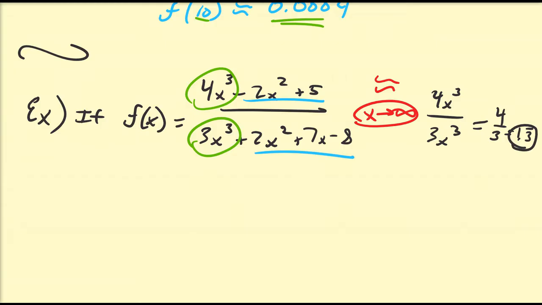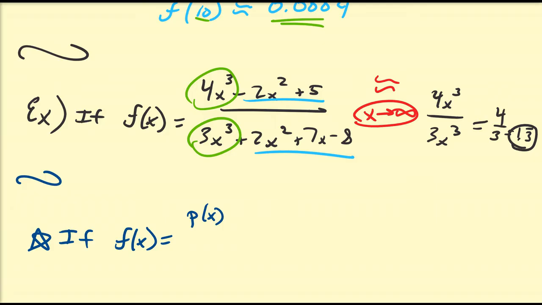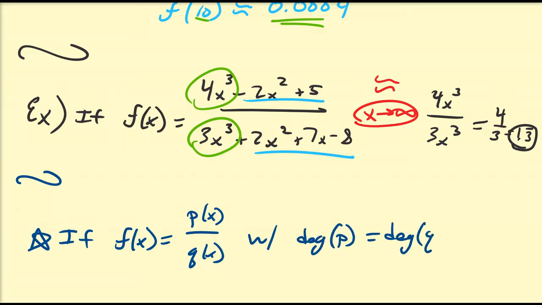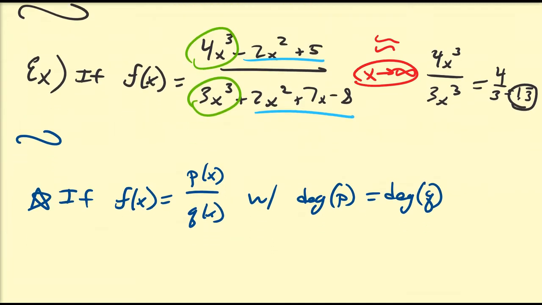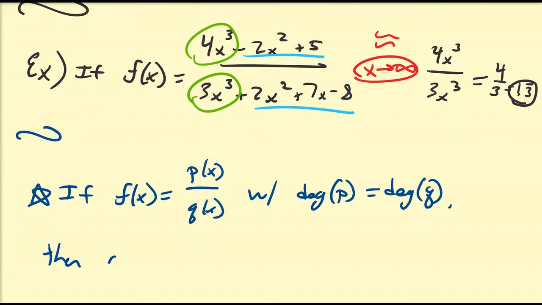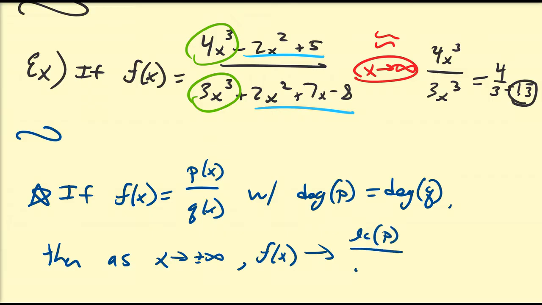So you can apply this process for pretty much any type of polynomial of this structure. So if f of x is equal to p of x divided by q of x, with the degree of p equaling that of the degree of q, assuming top and bottom are polynomials, then as x tends to positive infinity or negative infinity, f of x is going to get close to the leading coefficient of p divided by the leading coefficient of q.